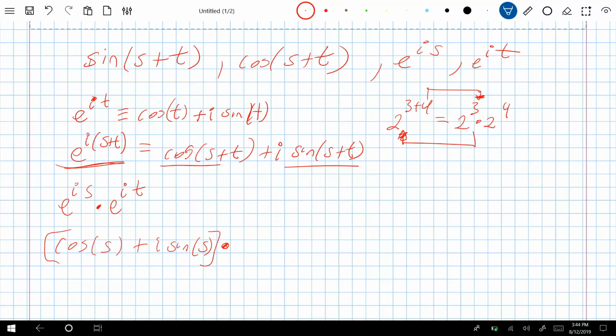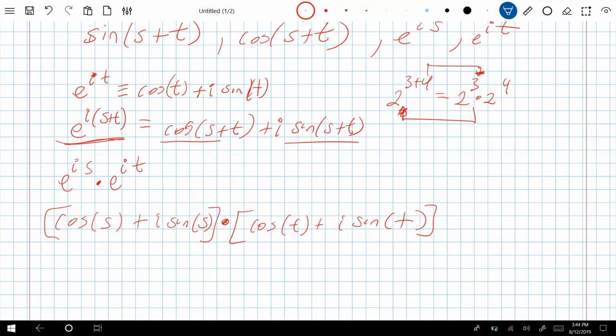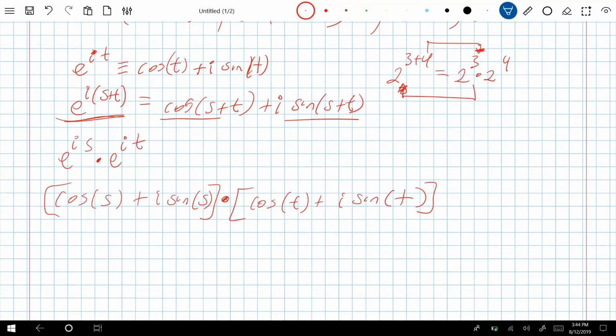That's going to give me the following. Take a look. For example, cosine of t plus I sine of t, just the way you see it. And then from here, we can just FOIL things out, gather, and you'll see what happens as a result.